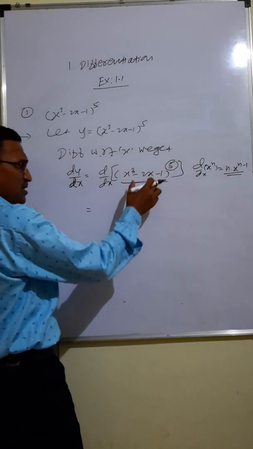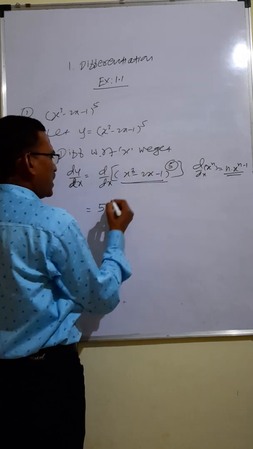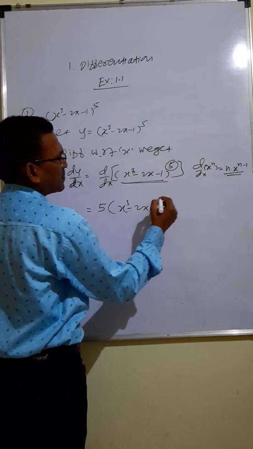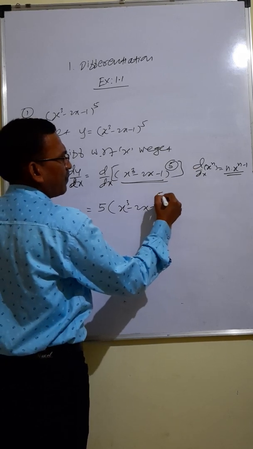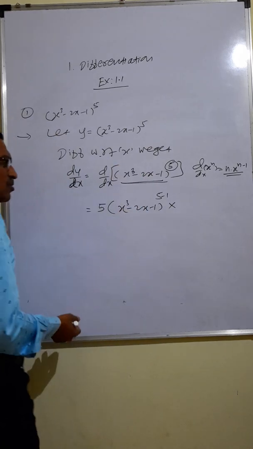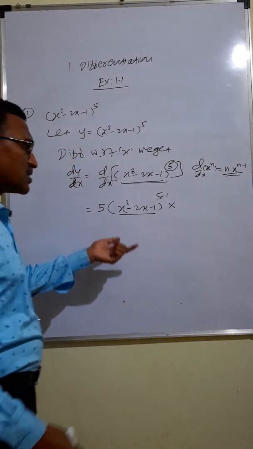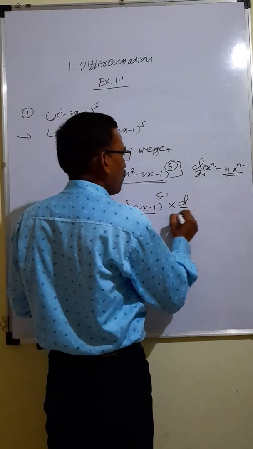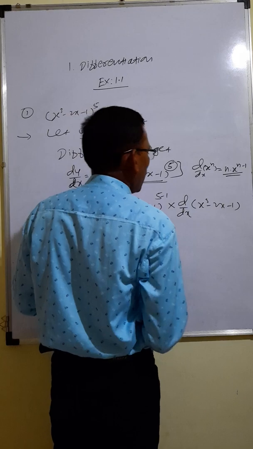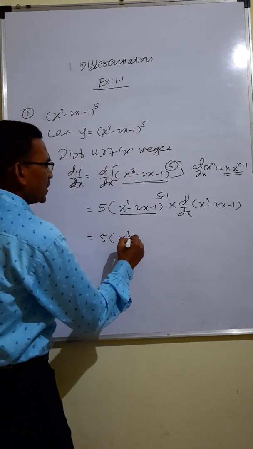So the first derivative is 5 into x cube minus 2x minus 1 raised to power 5 minus 1, which is 4, into, by the chain rule, the derivative of the other function x cube minus 2x minus 1.